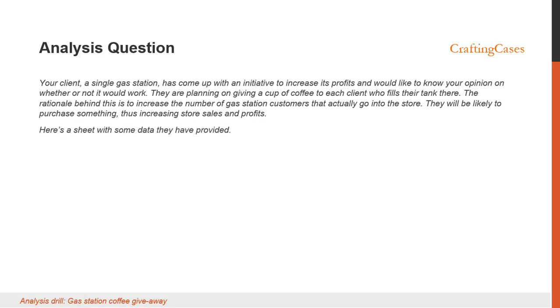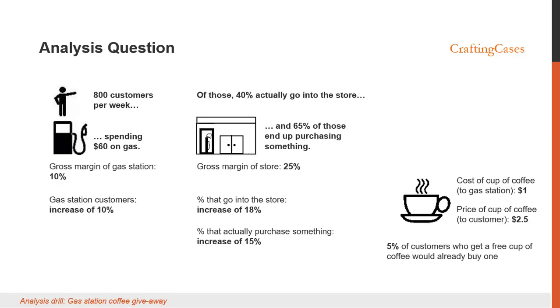So here's a sheet with some data that they have provided you with. I'm not going to read all of this to you. You can take a look at it, and when you're done, come up with your own answer, say it out loud, not only write it on paper.